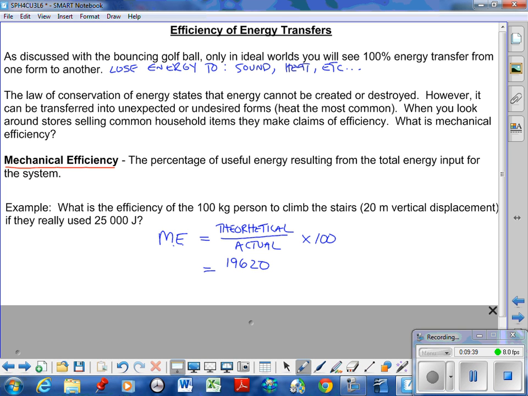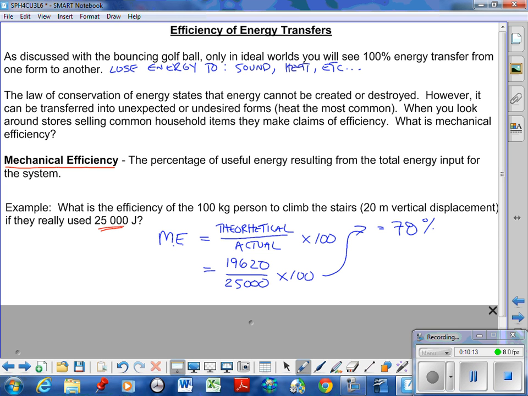But in reality, when you climb stairs, what's happening? You start to perspire, start to sweat, start grunting as you get higher and higher. It's a lot of work. So your body starts creating undesirable side effects or energies that take up from that pool. So 25,000 joules is what was actually input by you. When you do that, 19,620 divided by 25,000, we get 78%.